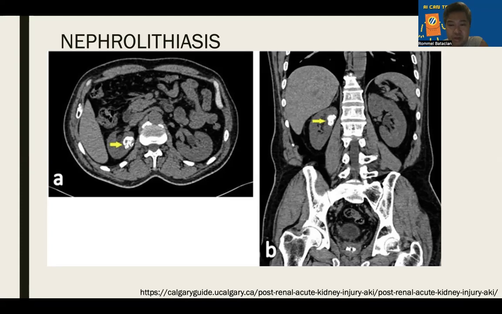So obviously, the higher it is, the intensity or the whiteness of the kidney stone is increased. So usually the calcium stones, the calcium oxalate and the calcium phosphate, would have higher, like more than 1,000 Hounsfield units. Uric acid stones would have the lowest one, which is usually about 50 to 200 Hounsfield units.